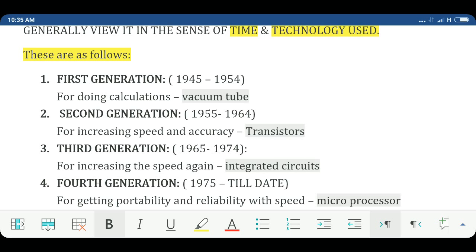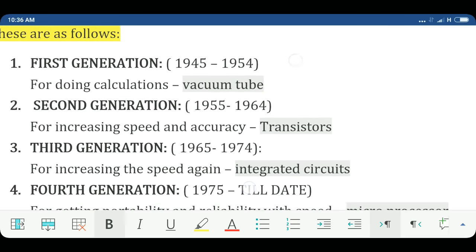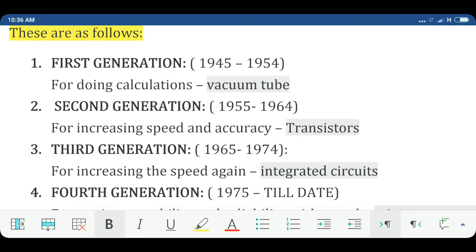You just have to study its features. The examiner will not ask you to explain the first generation in theory. The examiner will only ask what technology was used in the first generation and what its time frame was. For doing calculations, vacuum tubes were used in the first generation. You have to focus on vacuum tubes. If the examiner asks in what time frame vacuum tubes were used, you have to answer 1945 to 1954, the first generation.